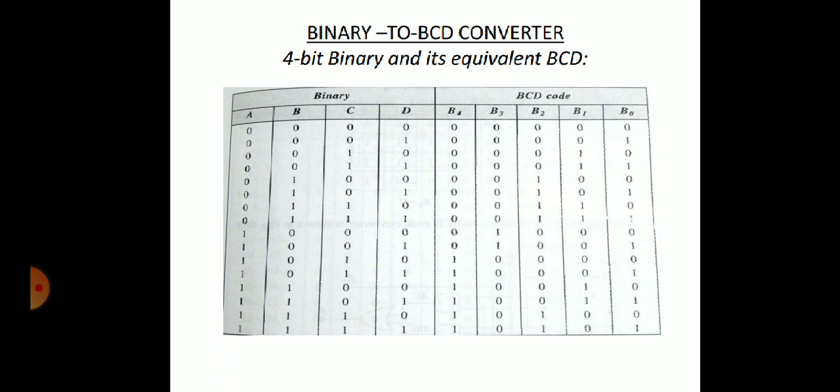Suppose a decimal number is 1. To represent it in binary, we can write 0001. For a single digit, we can represent it as a BCD code using 4 bits. Again I repeat, for a single digit, we can represent this digit in BCD code using 4 bits.